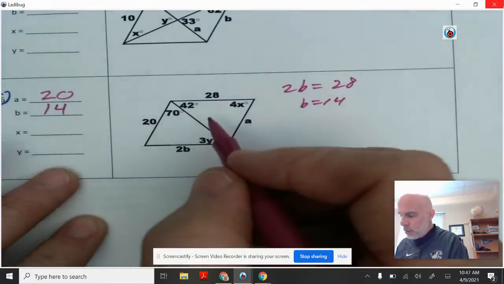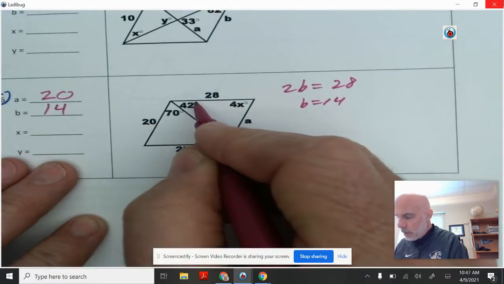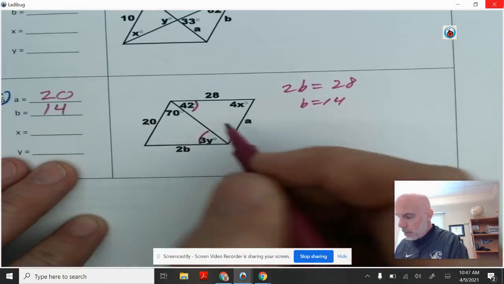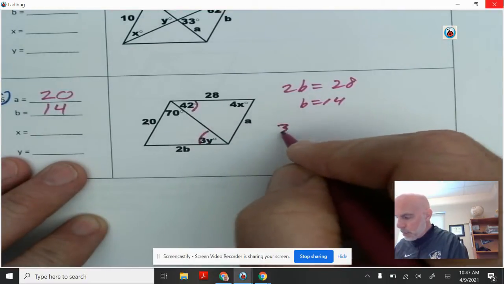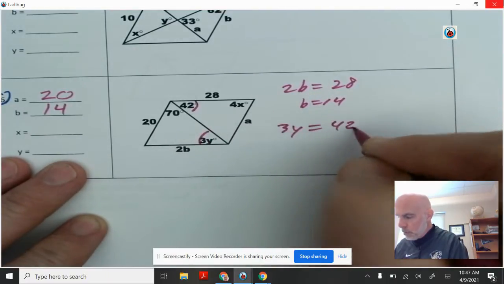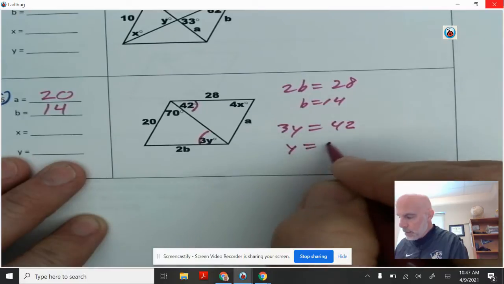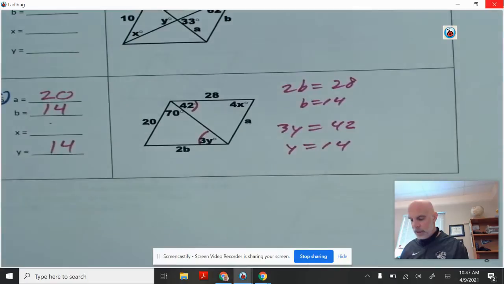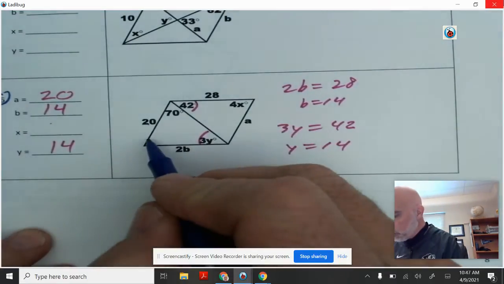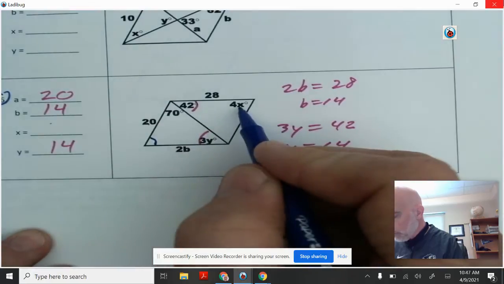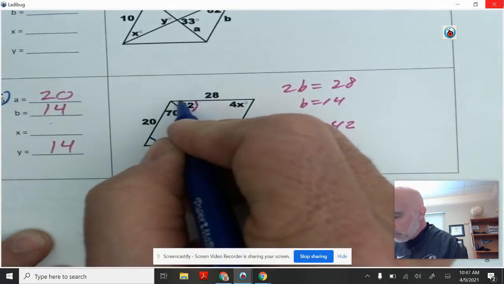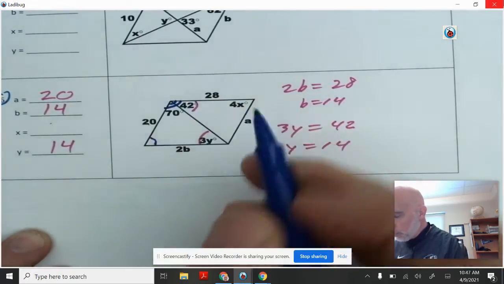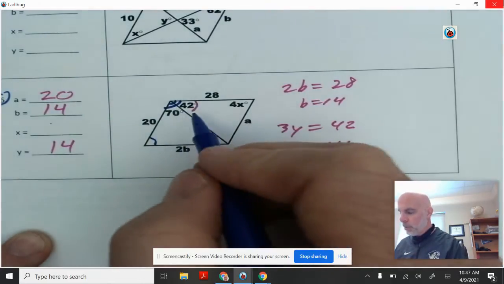Then I know some alternate interior angles are equal. These two right here are equal. So I would say that 3y equals 42. Therefore, y is 14 once you divide. And then the other idea here for x is I need to figure out what this angle down here should be because I know it's equal to 4x. So the way I'm going to do that is I'm going to look at this whole angle up here. That's 112 altogether.